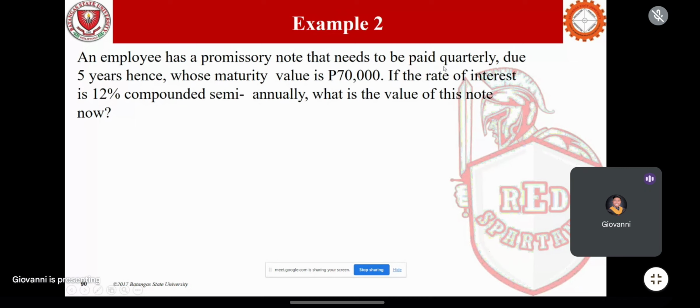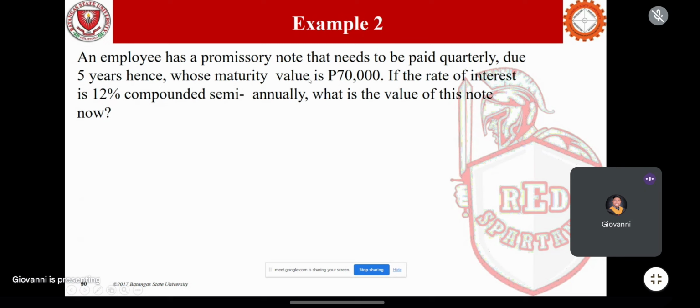Yung mode of payment natin quarterly, pero yung interest natin ay naka-compounded semi-annually. Ngayon, kailangan kumuha ng panibagong interest, yung ginawa natin kanina. Kasi for problem solving po, ang susundin natin na mode of compounding period ay kung ano po yung mode of payment niya.